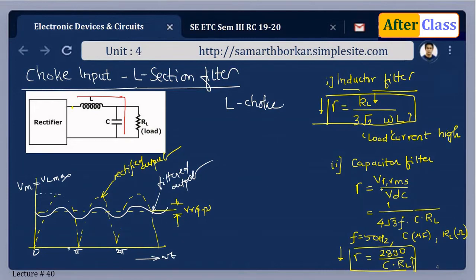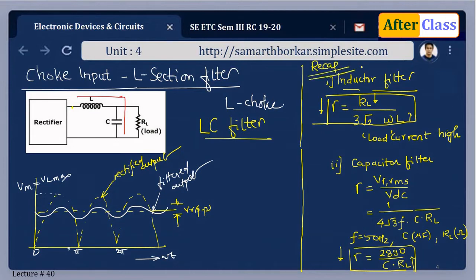Now these two concepts, the inductor filter which is connected in series with the load, and the capacitor filter which is connected in shunt with the load, if we combine the two, what we get is an LC filter. Here you see the circuit diagram and the output waveform for the LC filter. This was the recap of what we have studied in the last two classes.